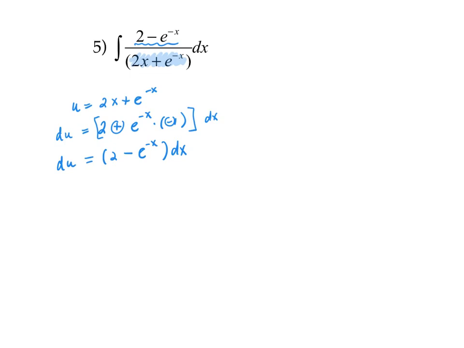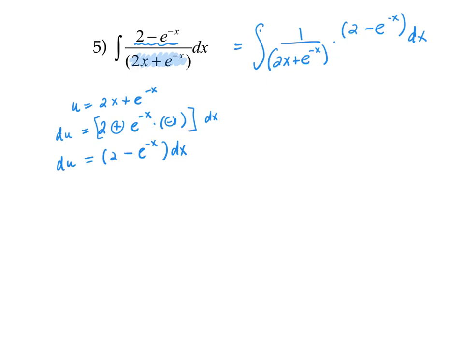Okay, so do a little bit of rewriting. So you have this as the antiderivative of 1 over 2x plus e to the negative x times 2 minus e to the negative x dx.